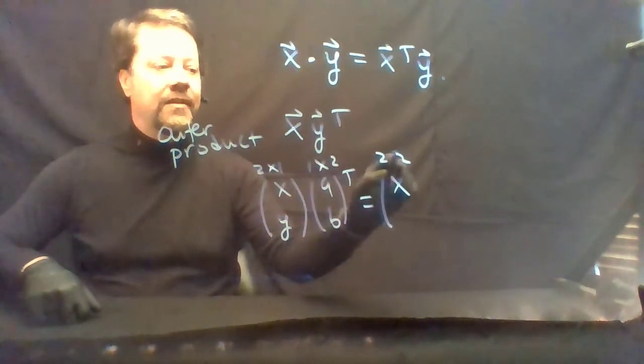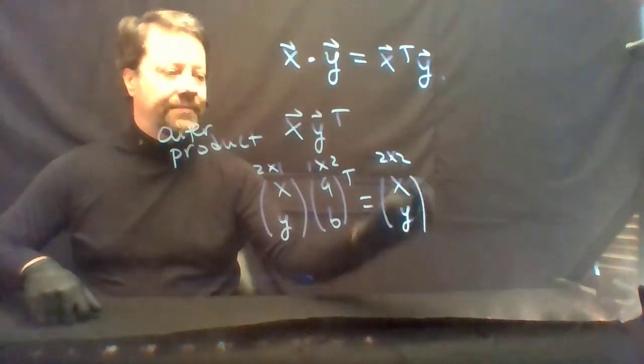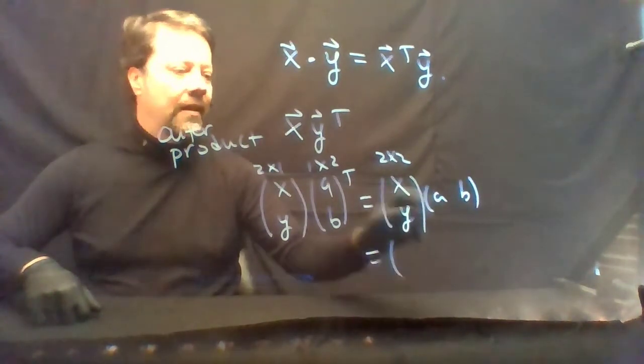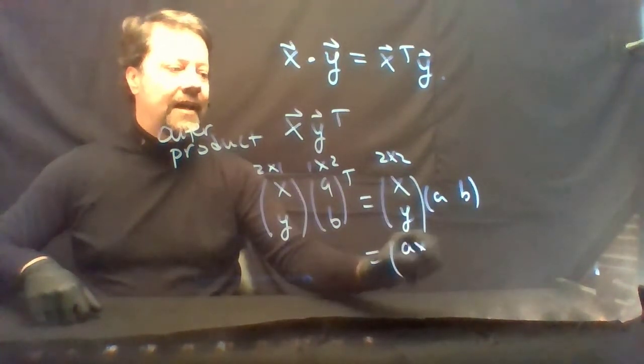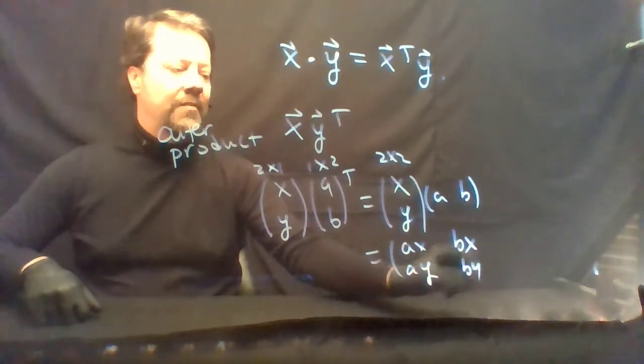You'll end up with a 2 by 2. You'll have x y times a b, and that gives you ax bx ay by.